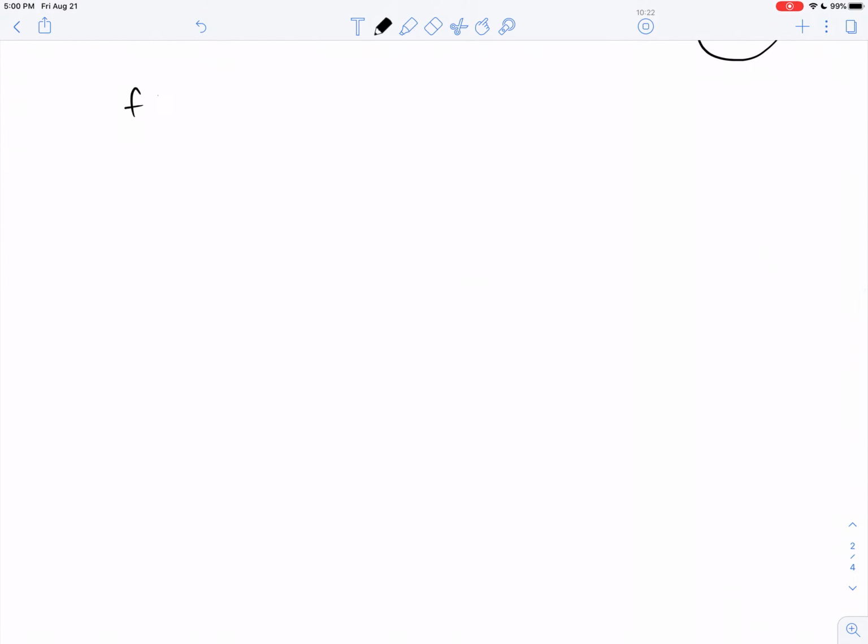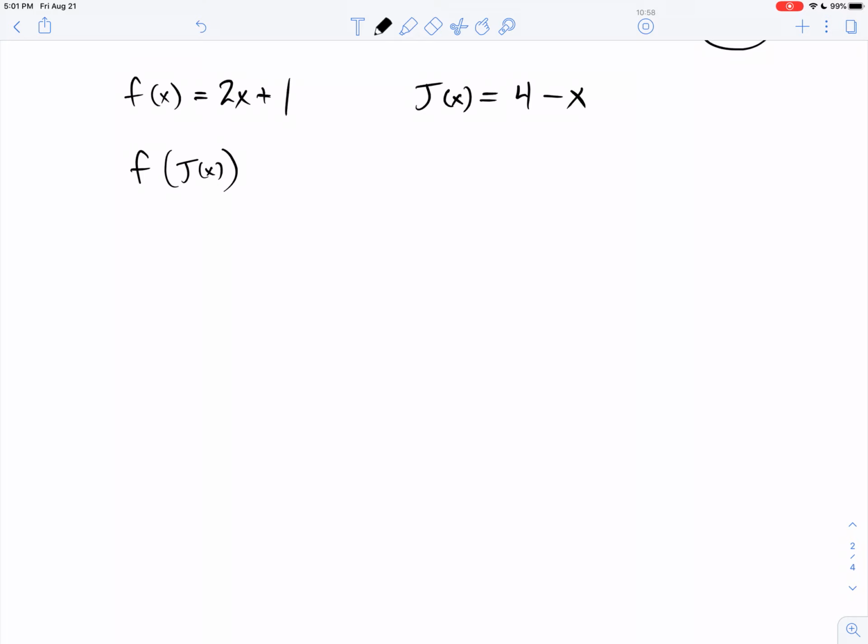So what do I mean by a composite function? Here we go. F of j of x. Let that sink in for a second. A composite function is when you take one function and you plug it into the other function.